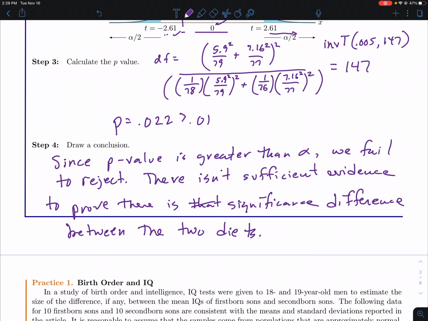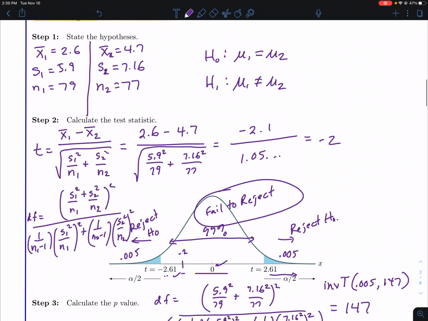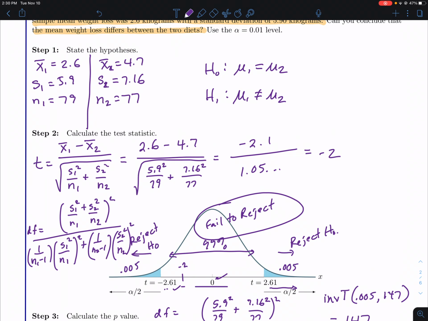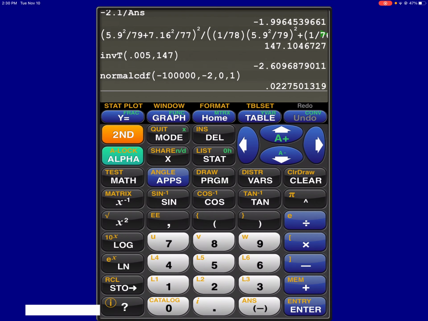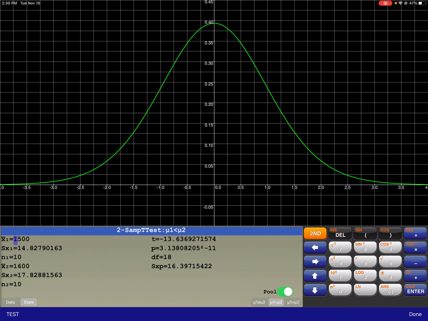All right, now let me show you, before I talk about the next one, the calculator command so we can see how we would do this on the calculator. Let me look at the numbers real quick: 2.6, 5.9, and 79. So let's switch to the calculator here. Not second, just stats, test, 2-SampTTest.